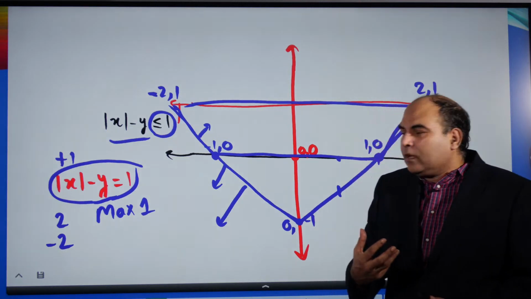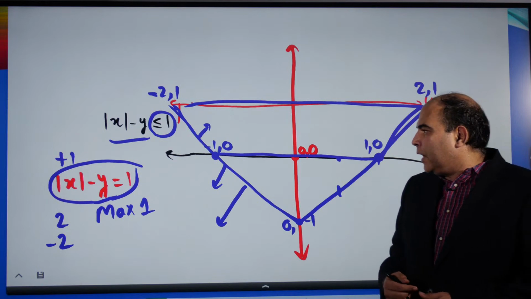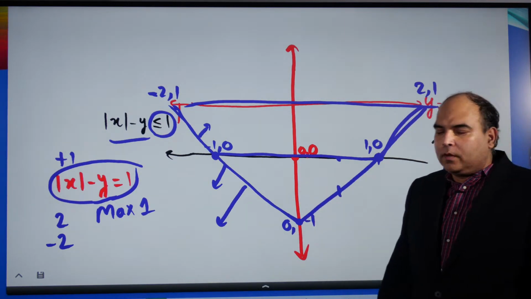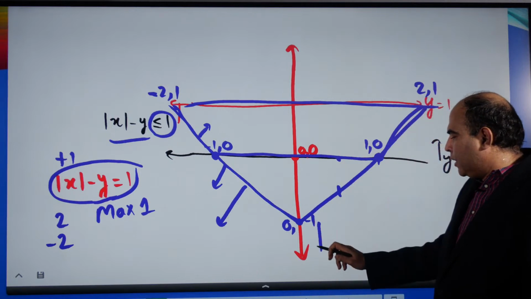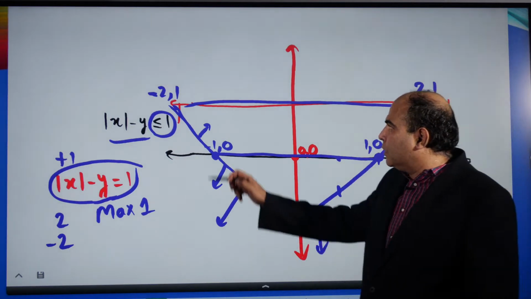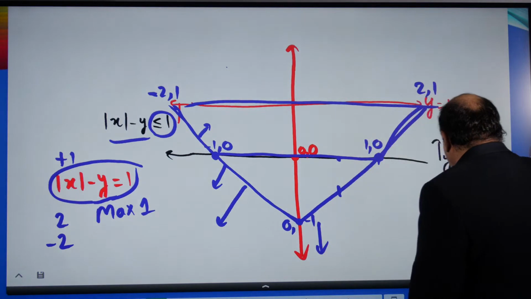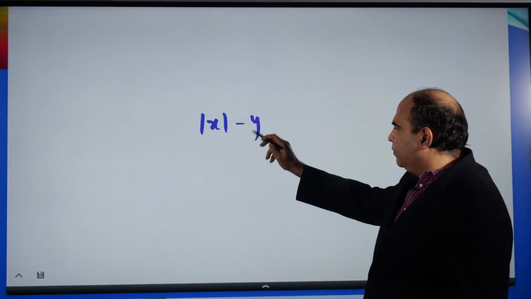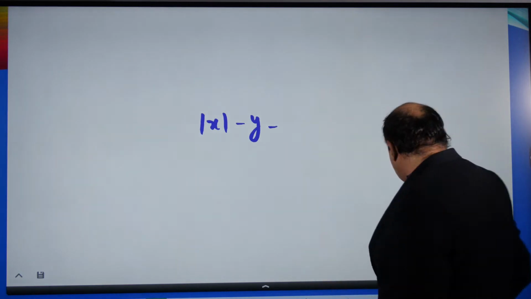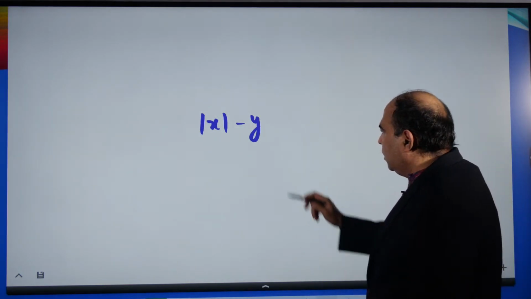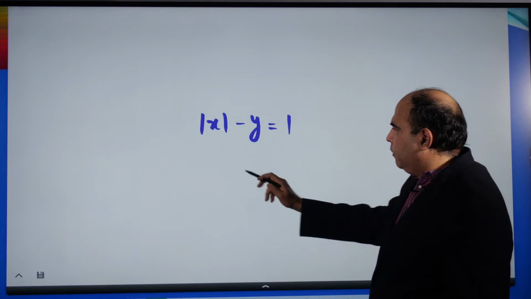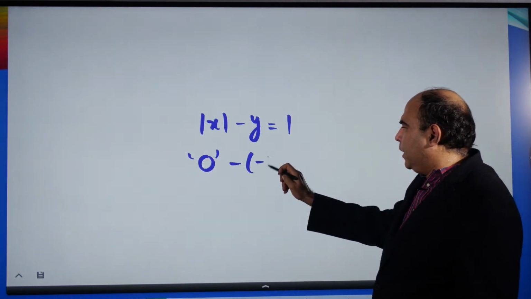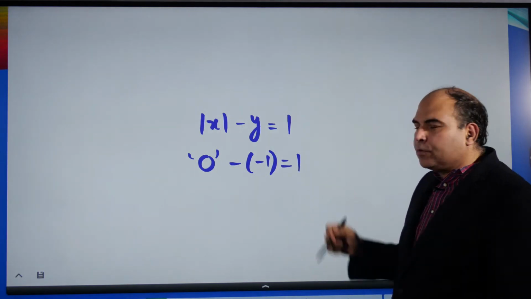But if you want to check that, the way to check it is, suppose I go for this point at x equals 0. Let me take a cleaner sheet. We know that at x equals 0, the value of y was minus 1, and that's how we got 1. That much we know.